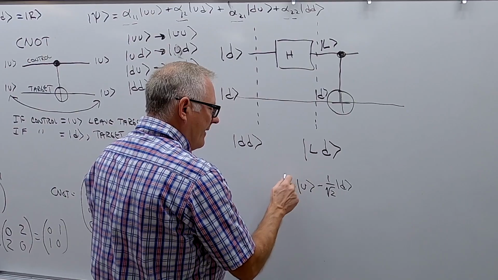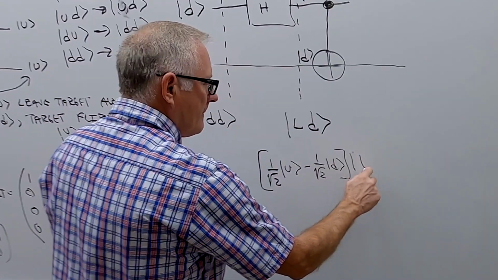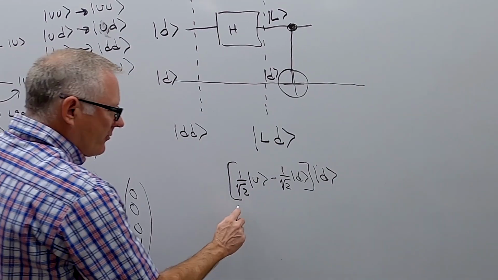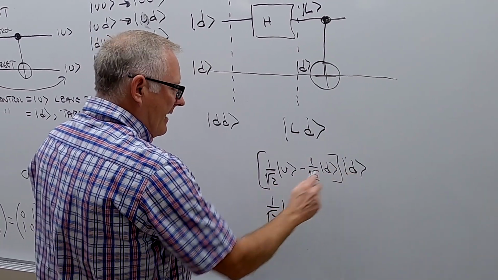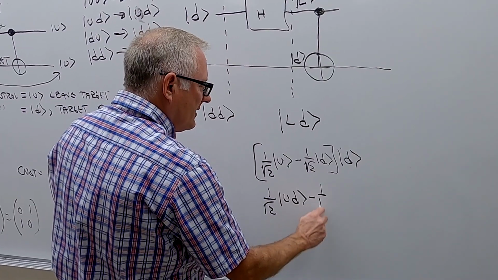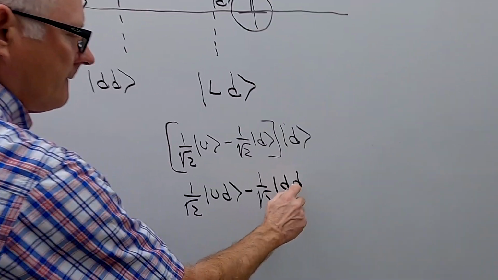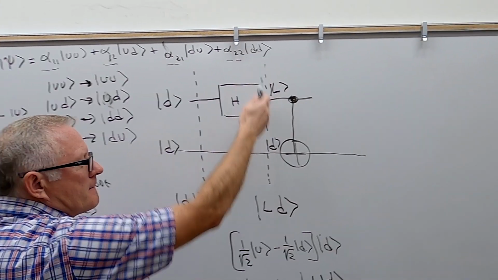So there was my left, and then we still have our down right there. Or if I multiply that through, this is 1 over the square root of 2 up down minus 1 over the square root of 2 down down. Okay, so that's what I have right here.